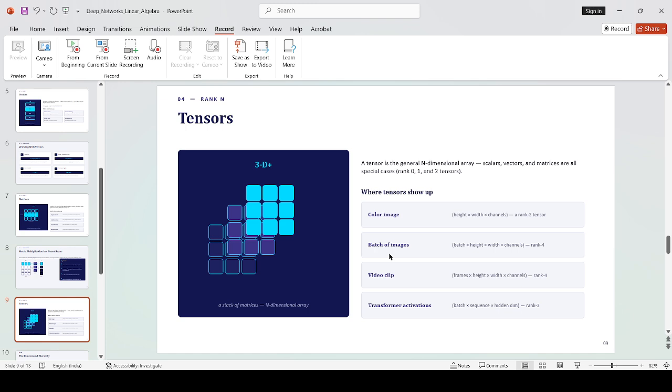A batch of images adds another dimension and becomes a rank 4 tensor. Similarly, videos and transformer activations are also represented using tensors. Modern deep learning frameworks such as TensorFlow and PyTorch perform almost all computations using tensors.